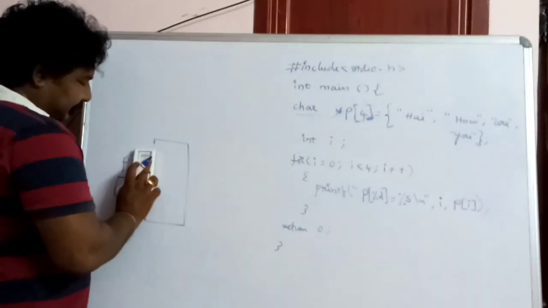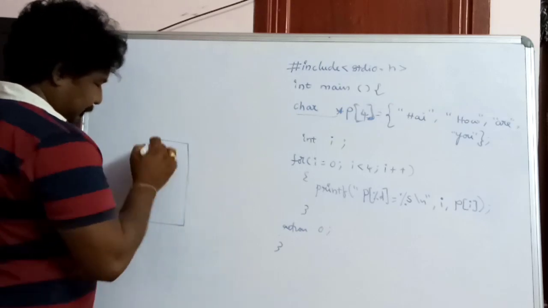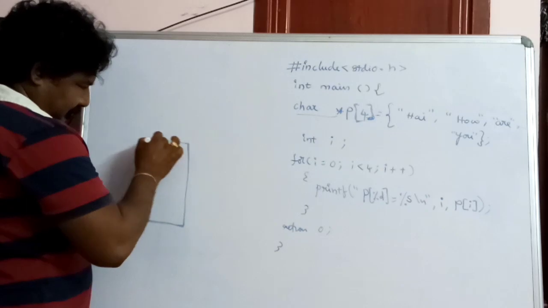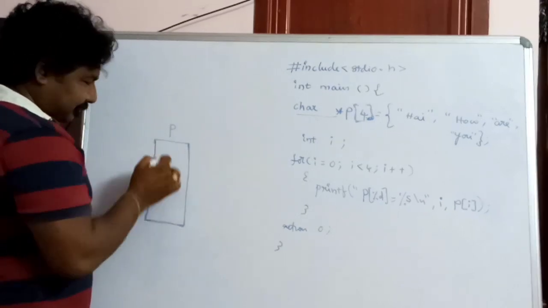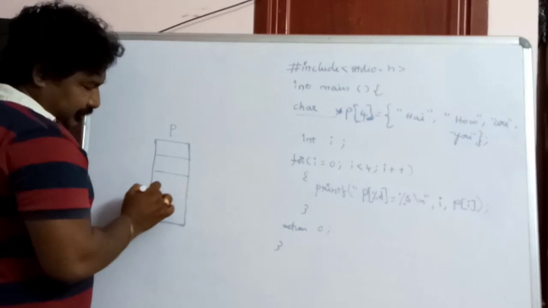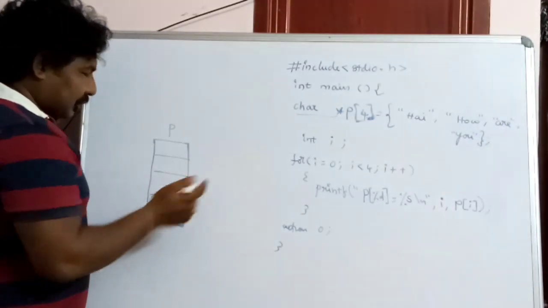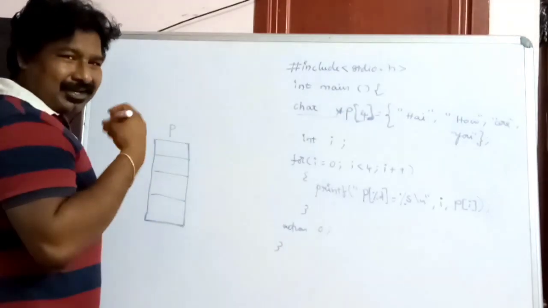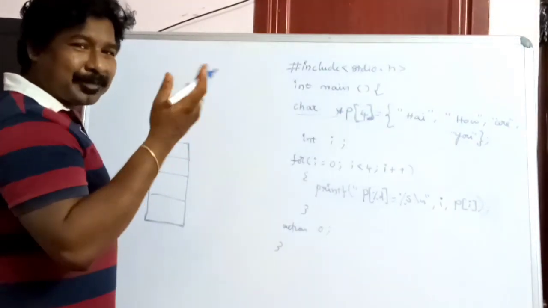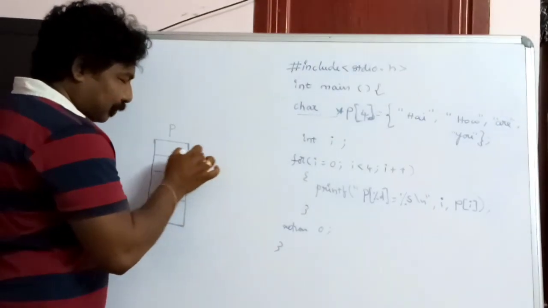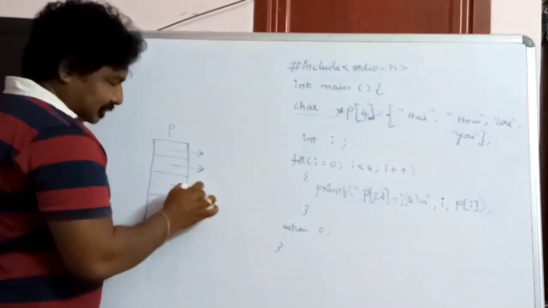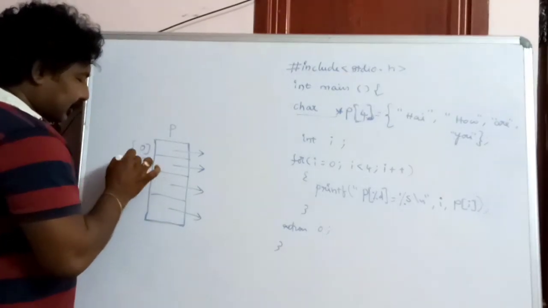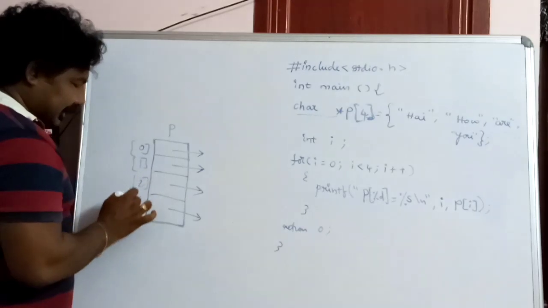P is an array where I have 4 elements because its size is 4. But these are not normal elements, these are character pointers. That means these are the 4 pointers, at index 0, 1, 2 and 3.